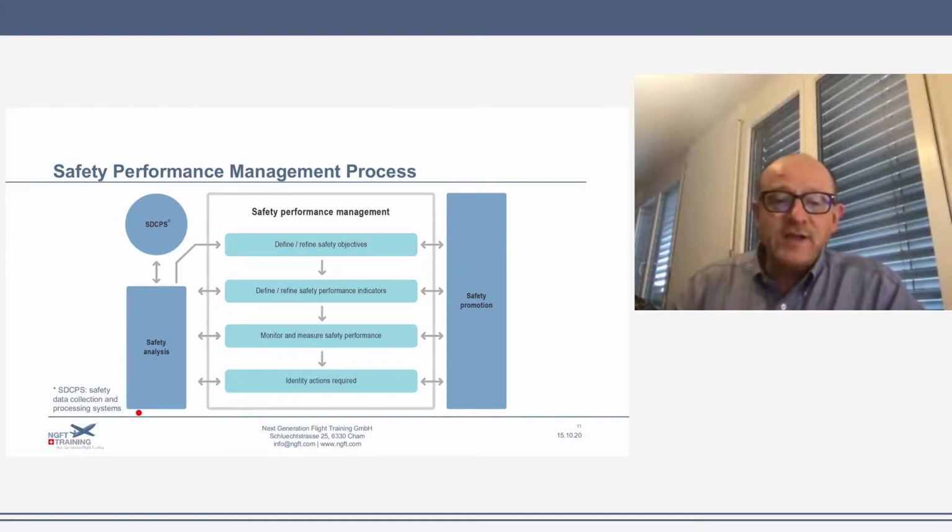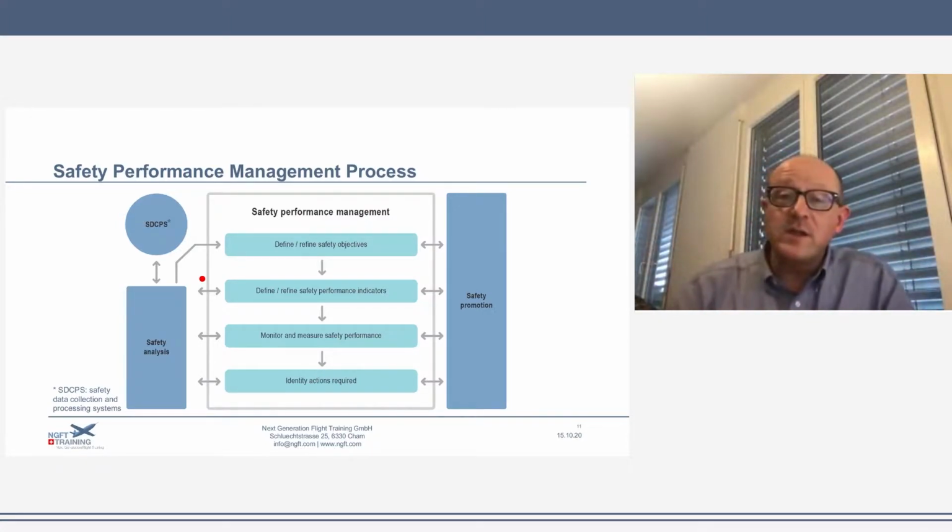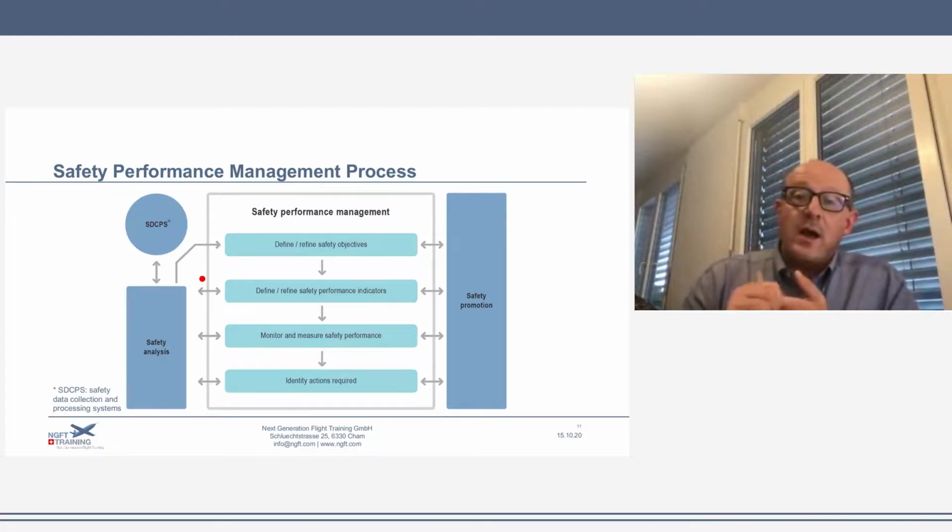Then on this side, you have the safety and risk analysis part. So any indications from there flow into that part of the safety management system, and you then actually review your risk analysis. You review the potential outcome, and you review the likelihood that this will happen.